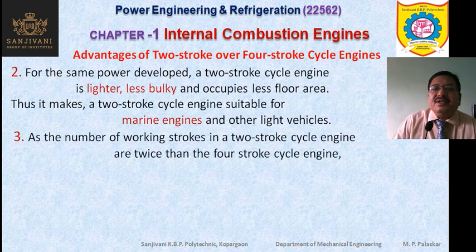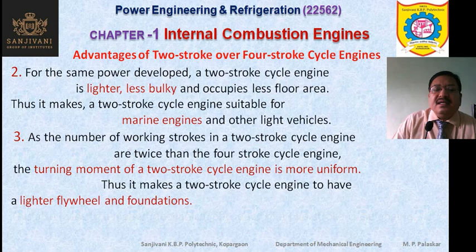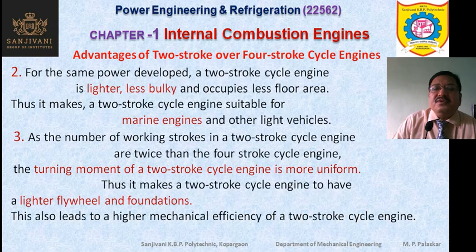As the number of working strokes in a 2-stroke cycle engine is twice that of a 4-stroke cycle engine, the turning moment diagram of a 2-stroke cycle engine is more uniform. That means the variations in the turning moment, in the torque obtained, are less, and therefore the flywheel required will be smaller or lighter.